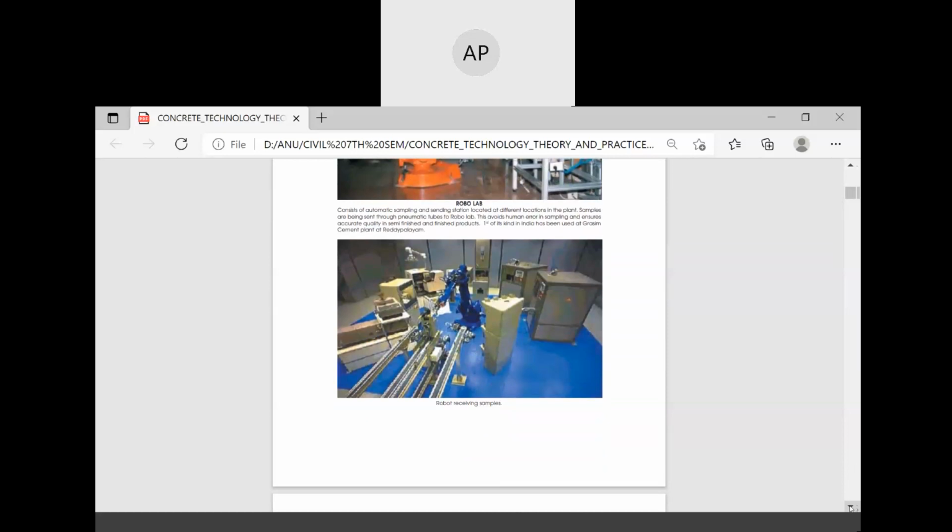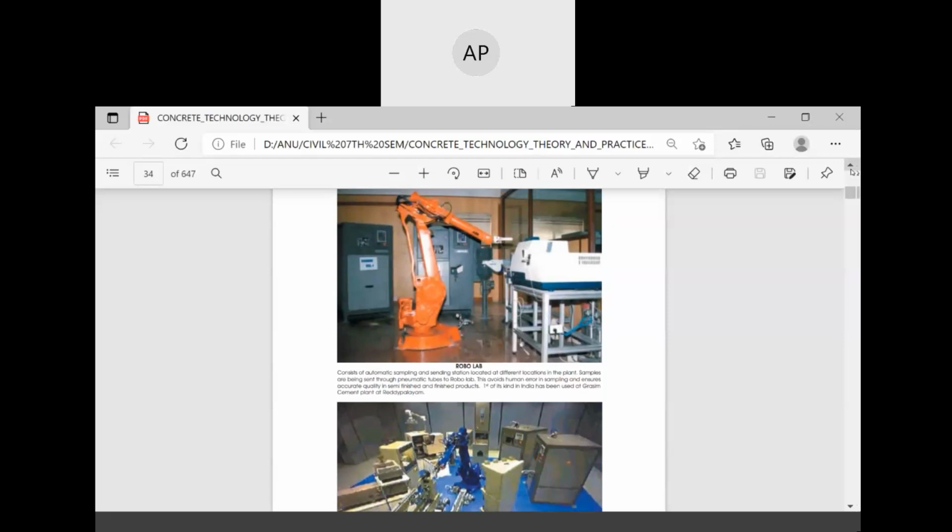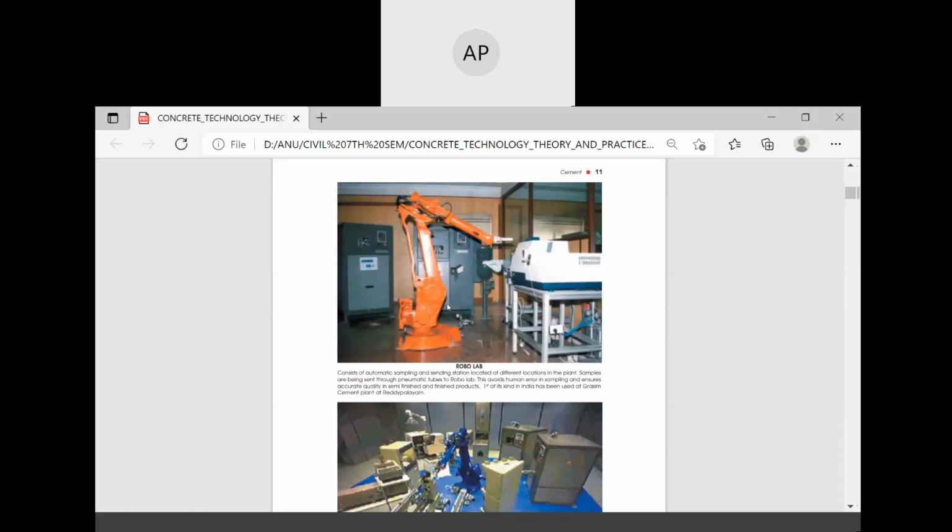This one shows a modern technological robo lab. It consists of an automatic sampling and charging station. One robot type structure is made, and in place of a man, the robot will walk here. This type of technology is not available in India.